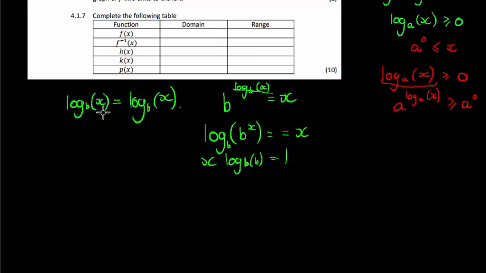You see? So we want to know what this is equal to. If I want to simplify this, what would it be equal to? Whatever it's equal to, these two equations are the same.